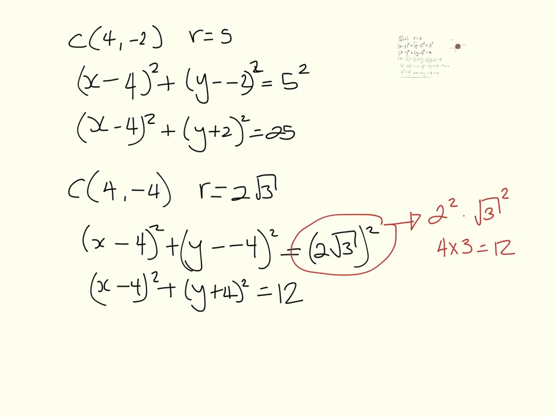Now, let's think about when things go the other way around. So, for example, if you are given the equation of a circle, (x minus 1) squared plus (y minus 4) squared is equal to 25. And they said, find the exact value of the radius and find the center.